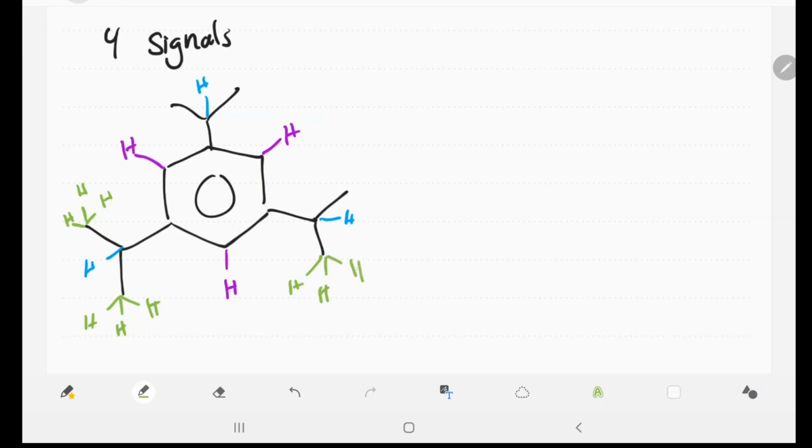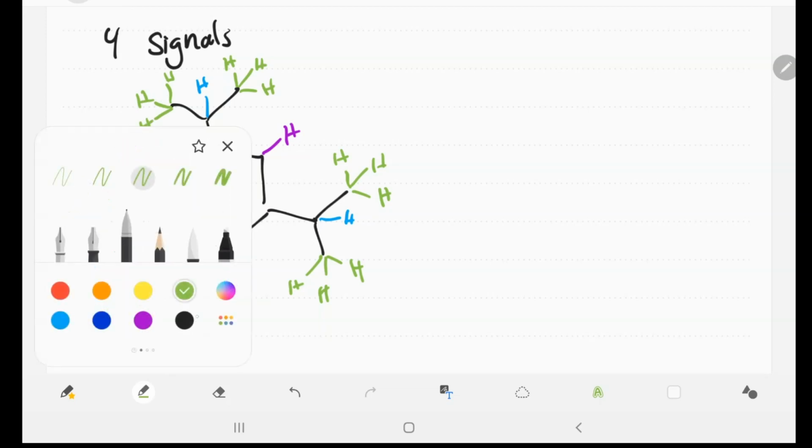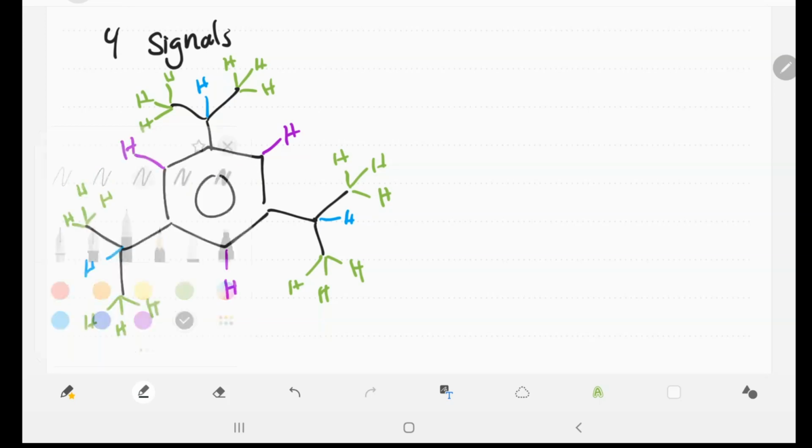I'm drawing them in different colors so you can see these are the different types. All through symmetry. So even though this molecule is C15H, 6 times 3, 18, 19, 20, 21, 22, 23, 24.